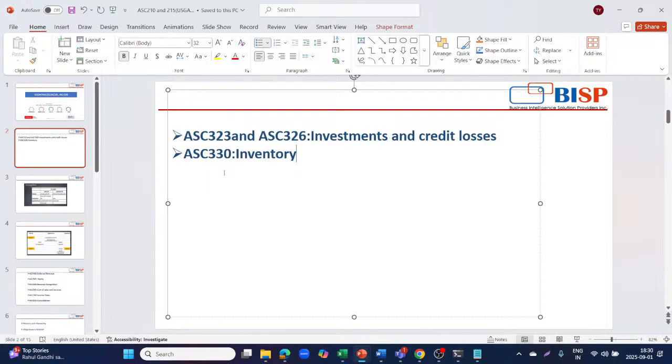The current expected credit loss model focuses on estimation of expected losses over the life of the loans, and it also considers current and management's expectation of future economic conditions. It also covers available-for-sale securities, and assets measured at amortized cost like leases, as well as the presentation and disclosure that we just discussed.